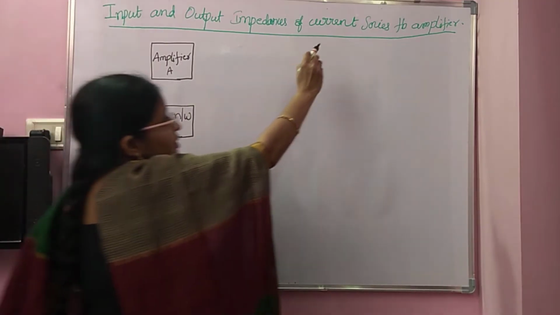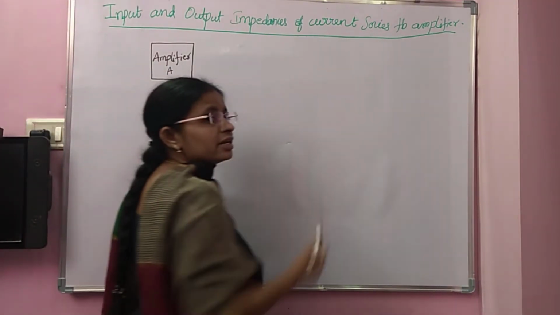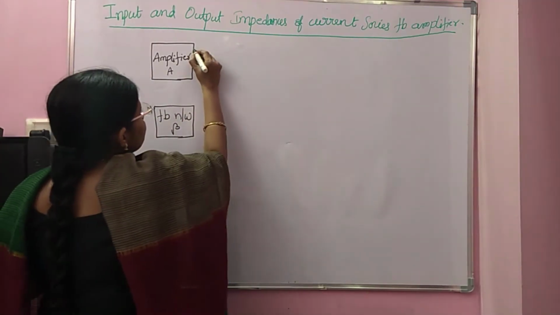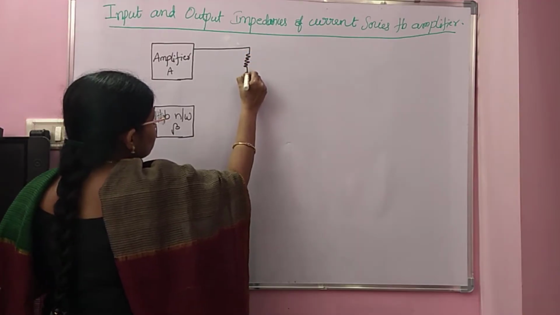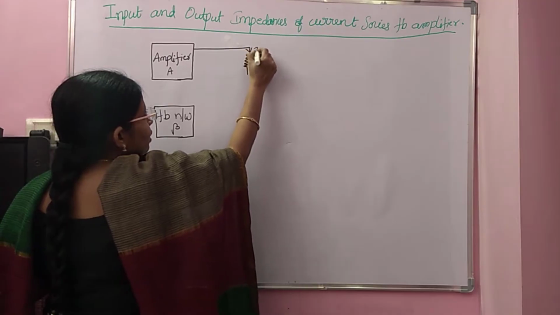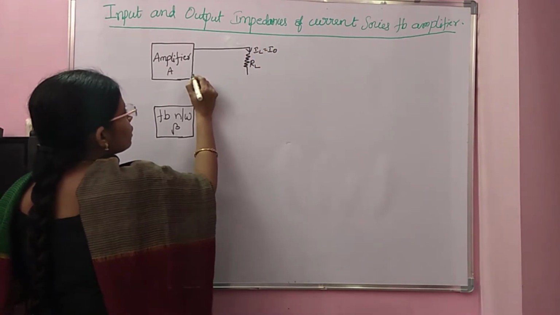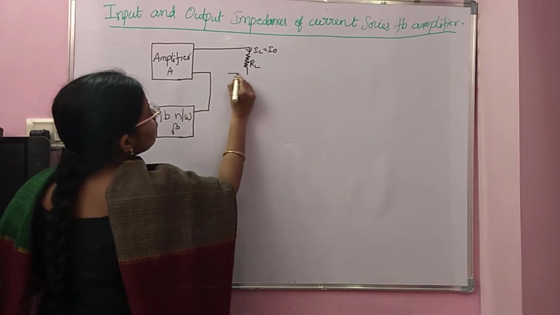See, this is current series, which means the sampling is current and the mixing is series mixing. As the sampling is current, we already know about the sampling circuits. Yes, RL, and this is IL, or you can write it as I0. So this is a circuit for current sampling.